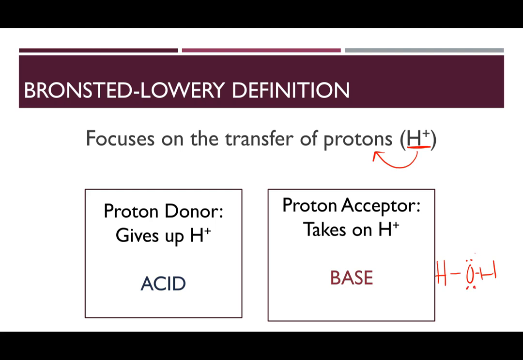In order for something to act as a base, it has to have this lone pair on the central atom so that when it comes into contact with this proton, that proton has somewhere to latch onto. That's something a little bit more advanced than Gen Chem 1, but certainly something you'll use again in organic: it must have a lone pair. So proton donor, proton acceptor.